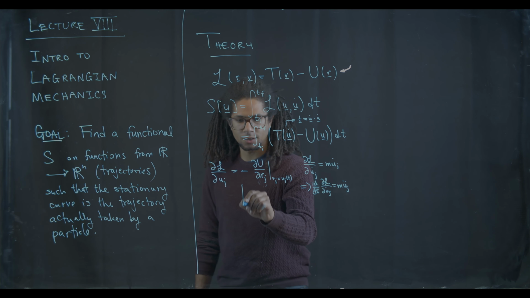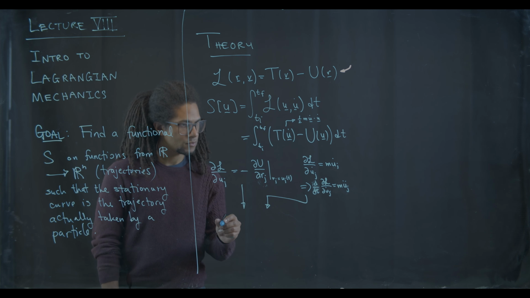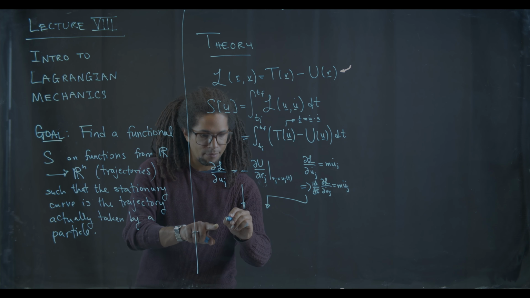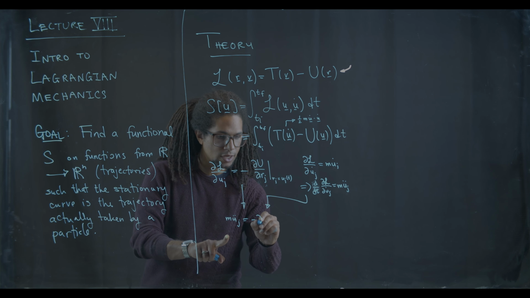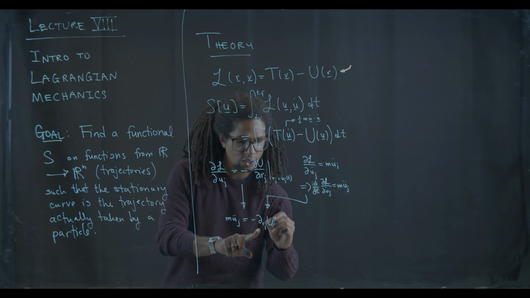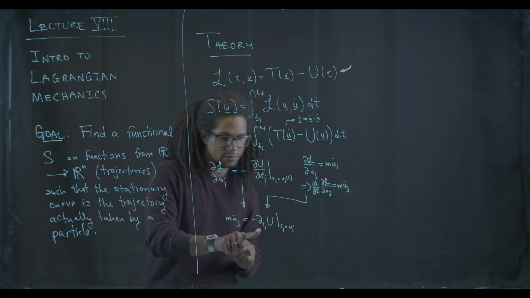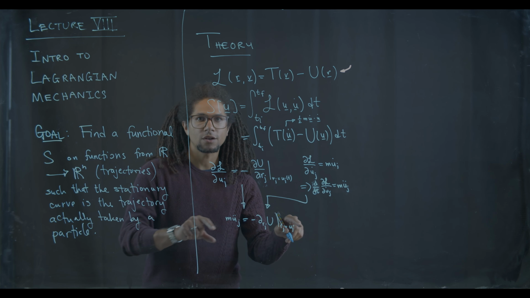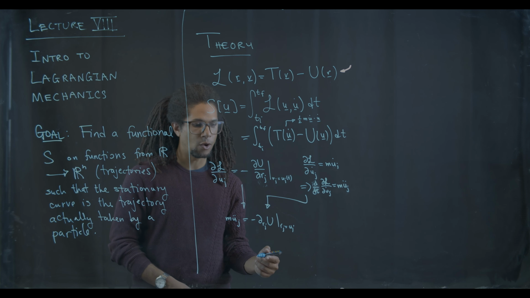Great. Now let's bring these two facts together. What we get is that m u_j double dot is equal to minus the partial with respect to r_j of U evaluated at r_j equal to u_j. Okay, now this is a vector equation, really, in disguise, in that I can combine all of these components.